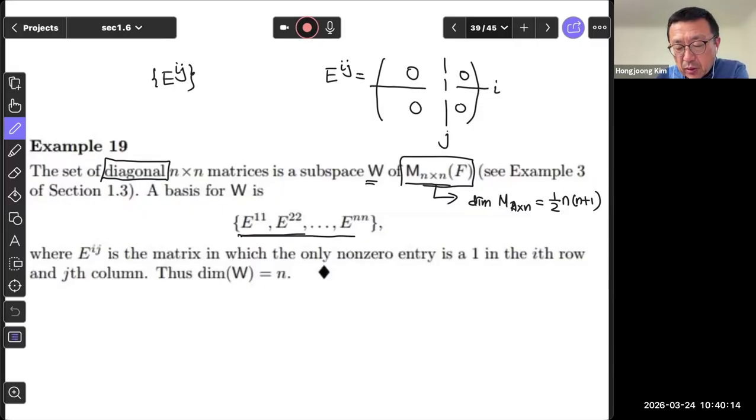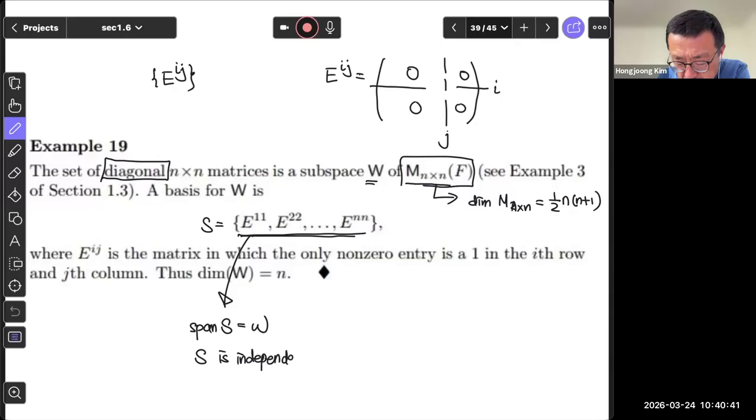So this set will form a basis, meaning if I call this S, then span of S is definitely W. You can show that. And S is independent. So S is a basis. So the dimension of W will be n.